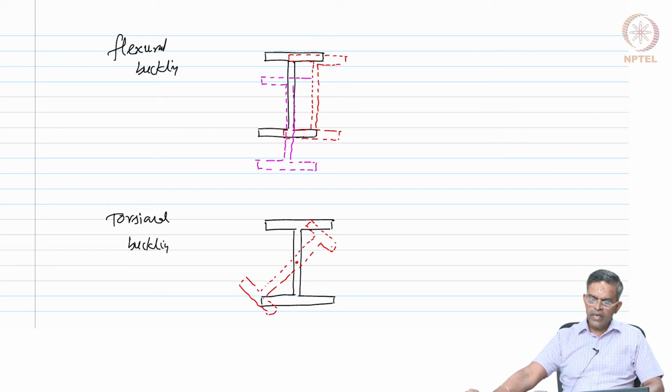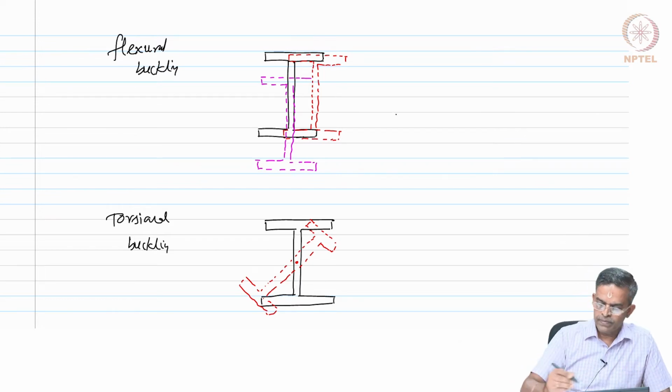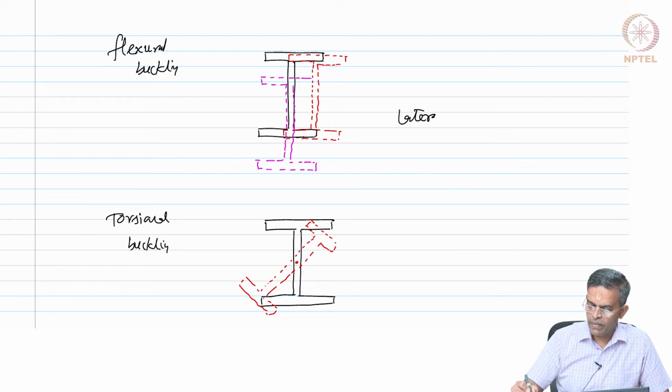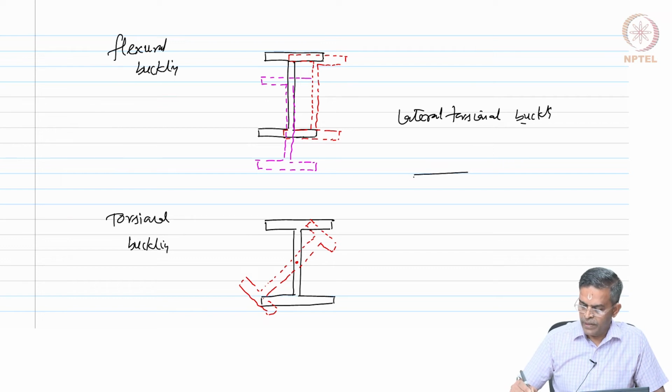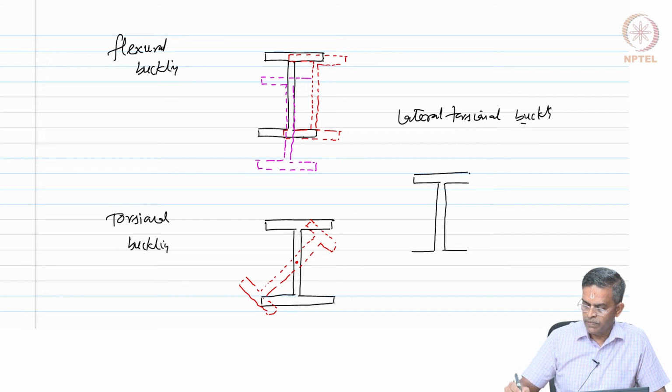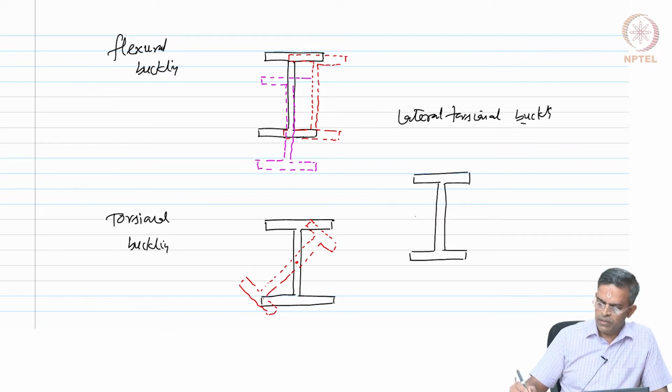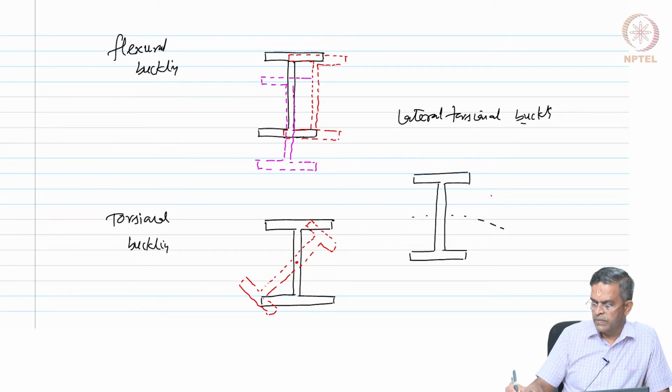When we talk about lateral torsional buckling, then the I section is completely displaced like this.